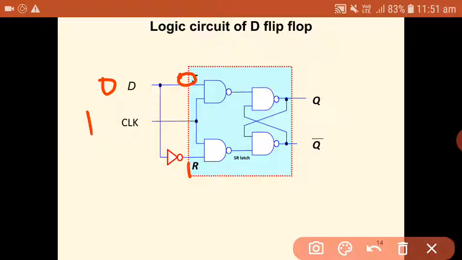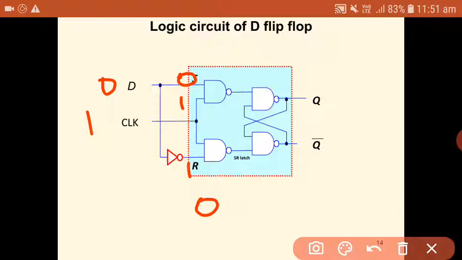Similarly when D is equal to 1, S is equal to 1 and R is equal to 0. So you are restricting the input combinations of the SR flip-flop to only two.